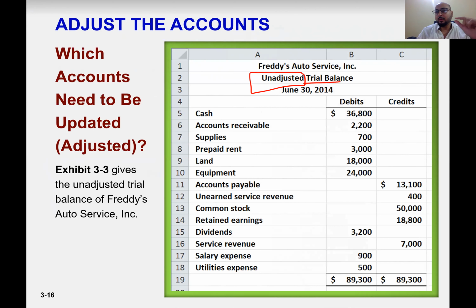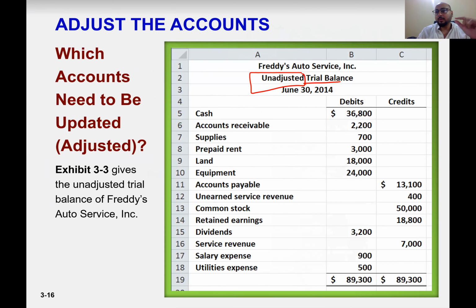So we see cash, accounts receivable, supplies, prepaid rent, land, equipment, accounts payable, unearned revenue. This is June 30, 2014.